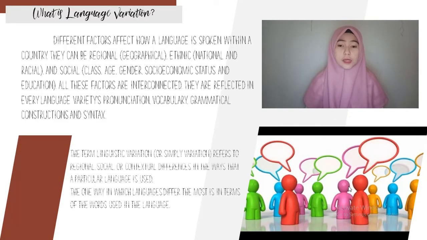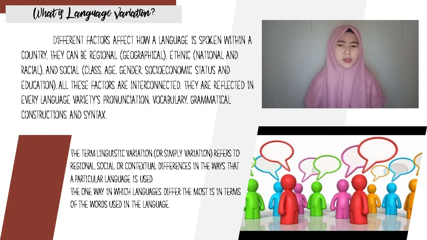The term linguistic variation, or simply variation, refers to regional, social, or contextual differences in the ways that a particular language is used. The one way in which languages differ the most is in terms of the words used in the language.